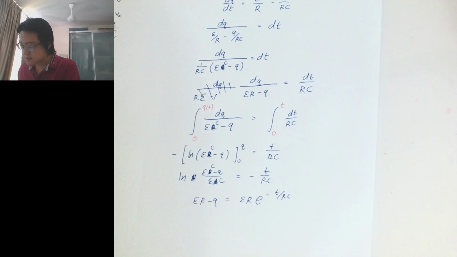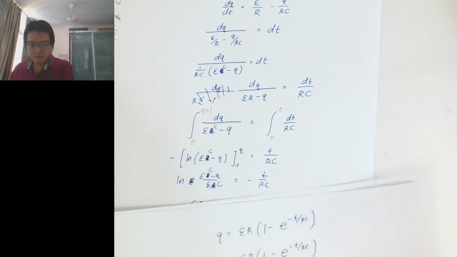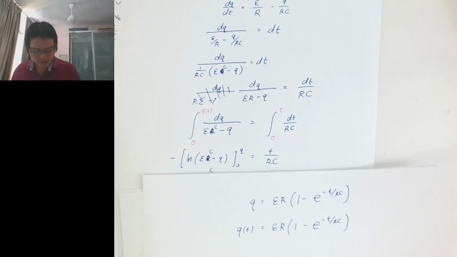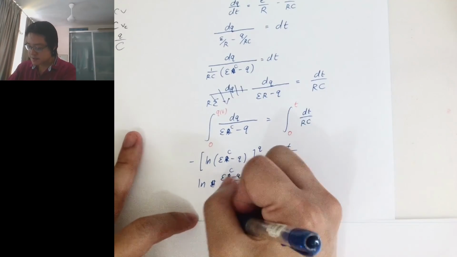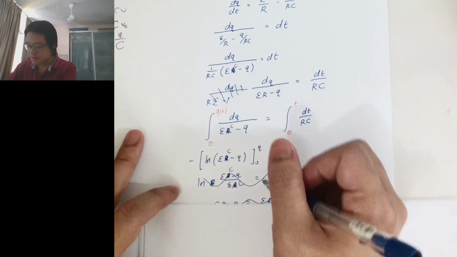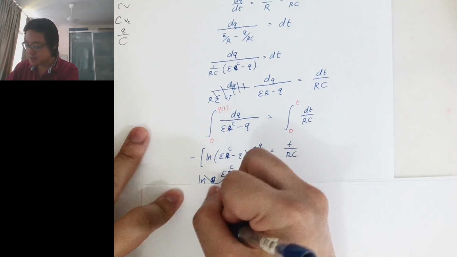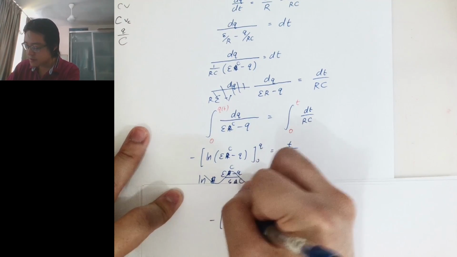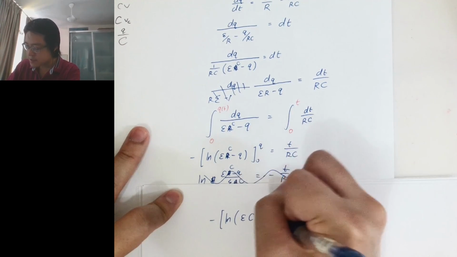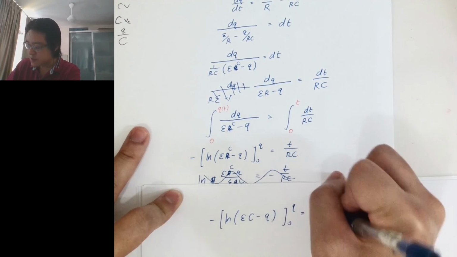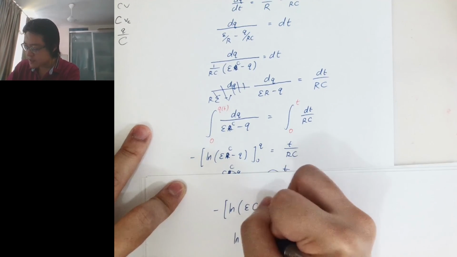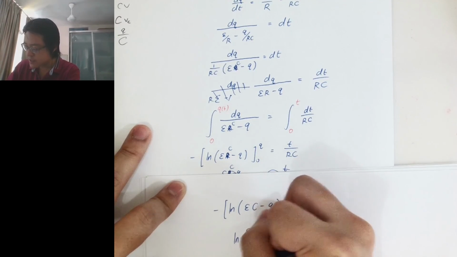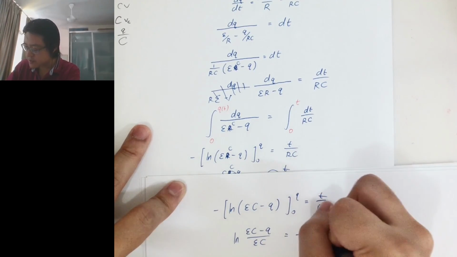Let me start a new line. Okay, so let me check the notes. Yeah, it's correct. So what we have here, let's do it again. It's minus the logarithm of (EC minus Q) from 0 to Q, equals t over RC. So this is the logarithm of (EC minus Q) over EC is equal to negative t over RC.